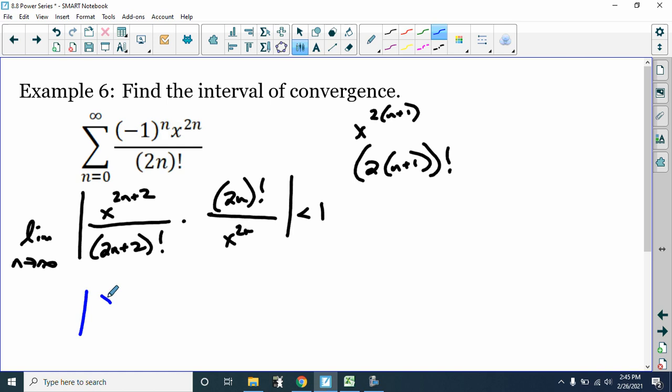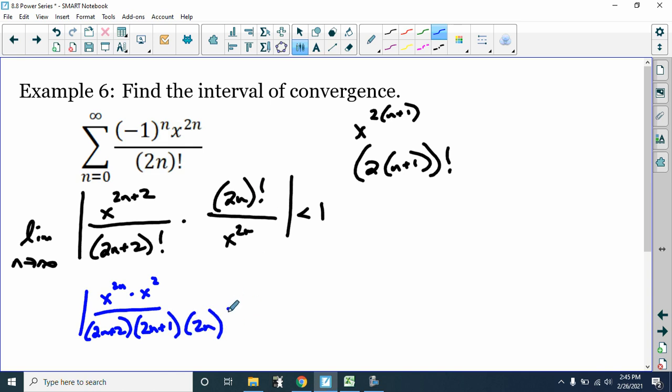Start to simplify. This is going to be x to the 2n times x to the second. This, I want things to start canceling out, so I'm going to do 2n plus 2, subtract 1, 2n plus 1, subtract 1, 2n.